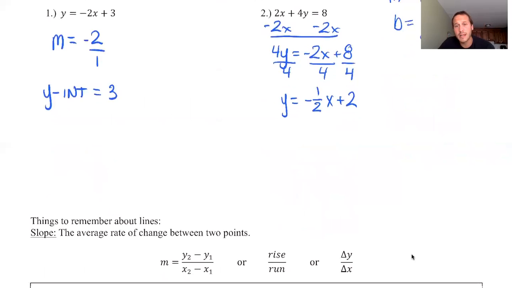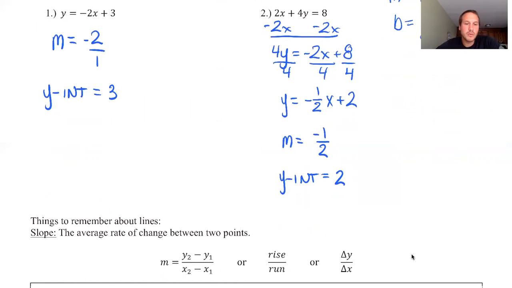And from here, what am I allowed to do with that? Well, my slope is equal to -1/2, so that's saying I move down 1 and to the right 2, okay? And my y-intercept is going to be equal to 2, so I'm going to start 2 units above the x-axis at the value of y equals 2 on our y-axis, okay?